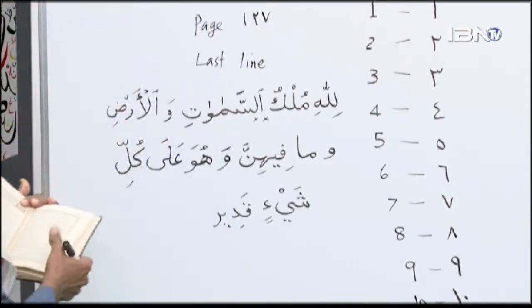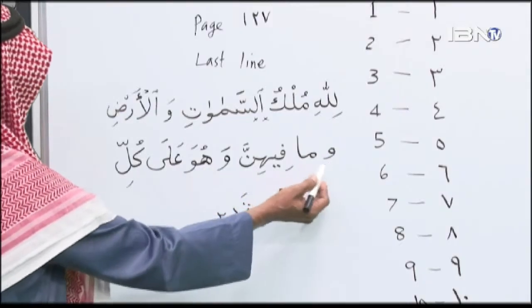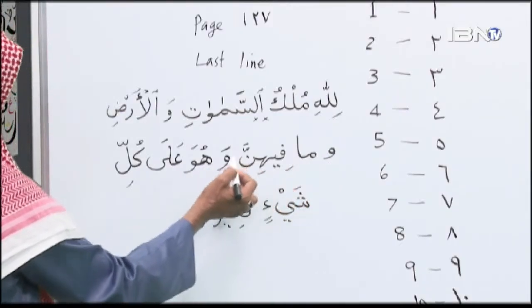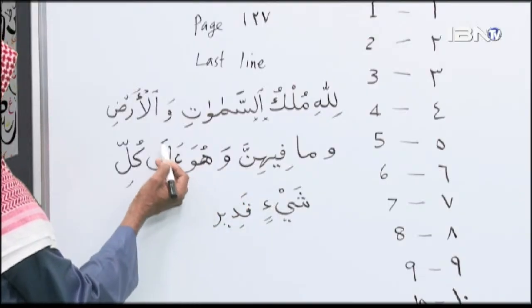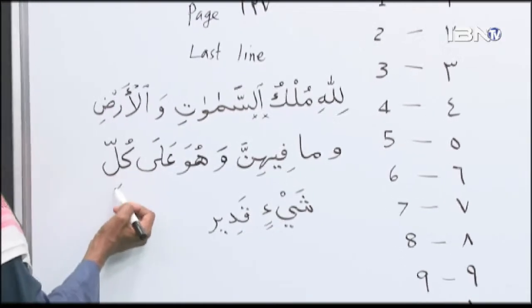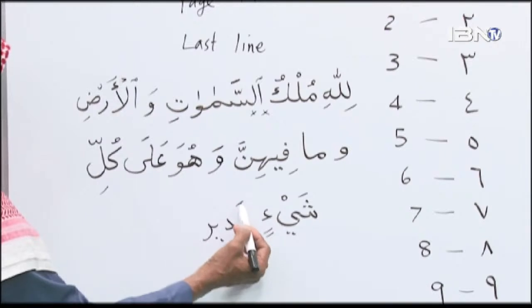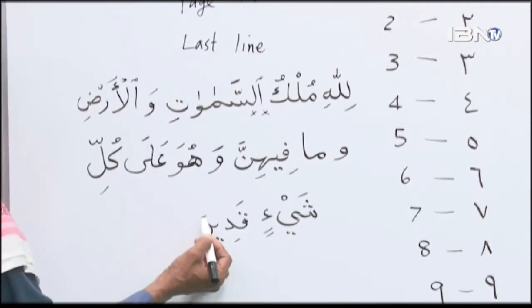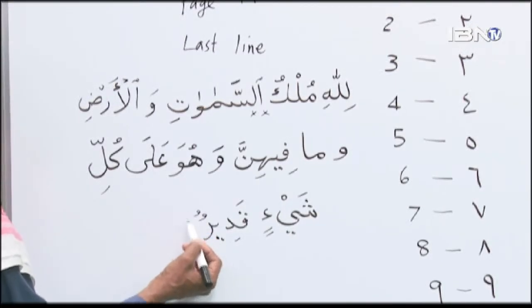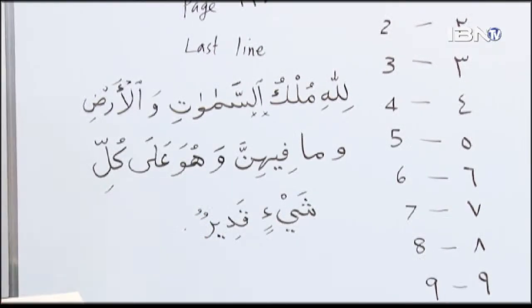All right, so hopefully, inshallah, you'll be able to read it. Wa ma fi hinna wa huwa ala kulli shay'in qadir. Right? Qadir. It's qadirun, but it's just qadir. All right? Qadir.